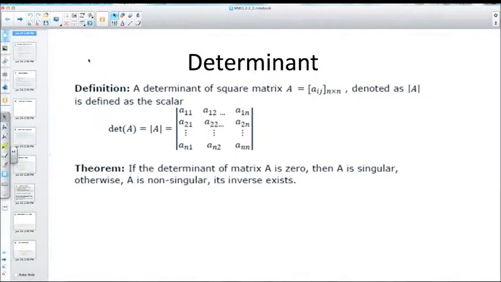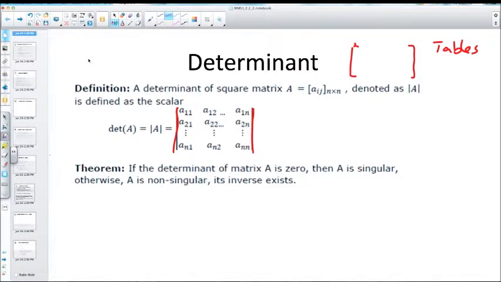The determinant looks pretty much like a matrix from the appearance, but there are significant differences. First, I want you to pay attention. For a matrix, we use brackets and put a table of numbers inside. For a determinant, we use two straight lines to hold the table of numbers.